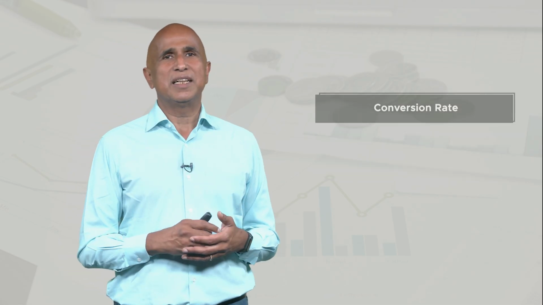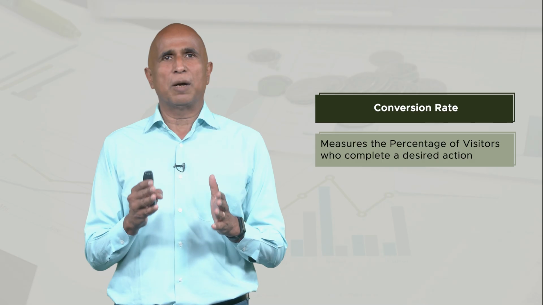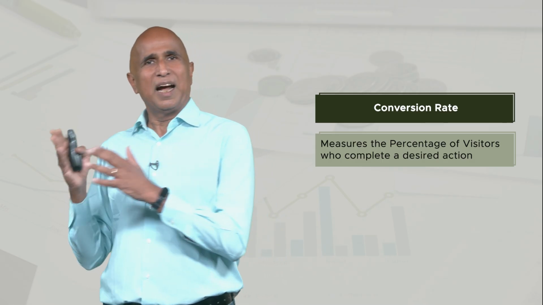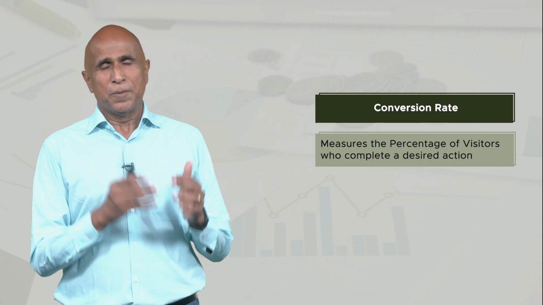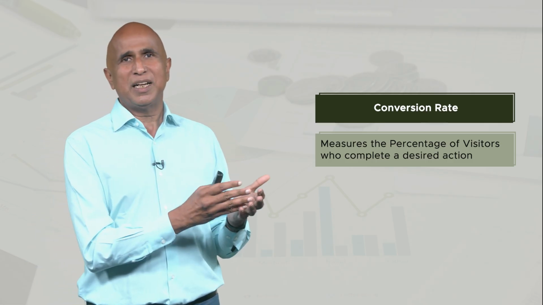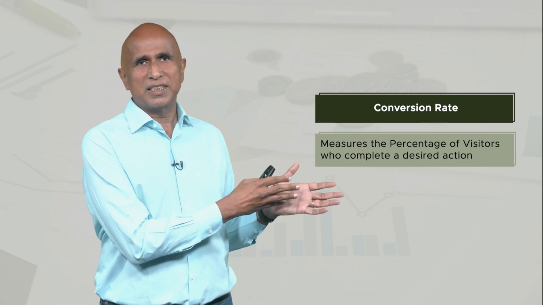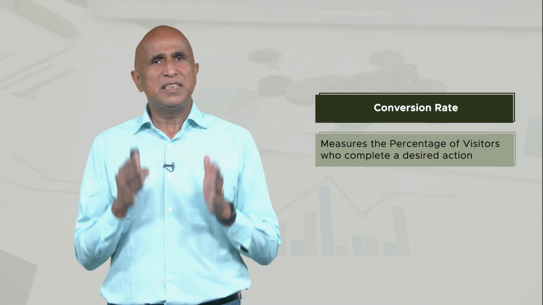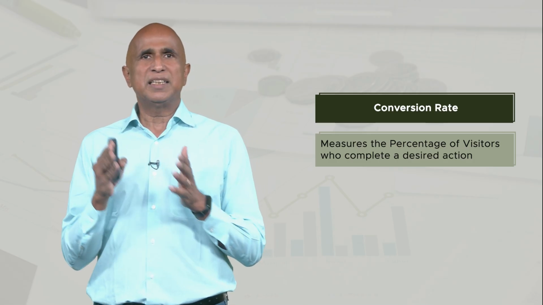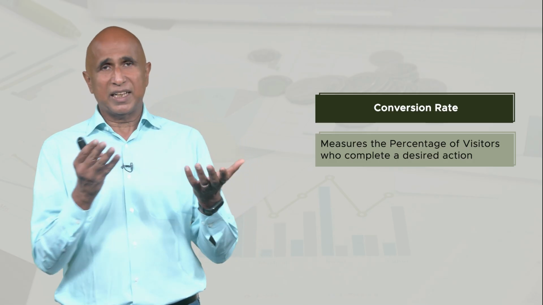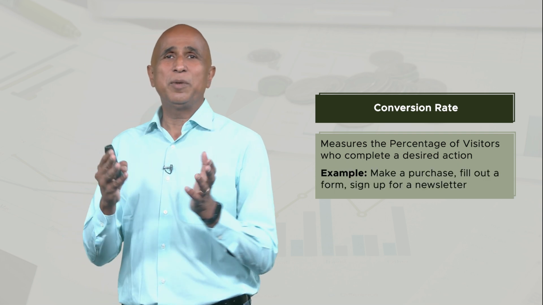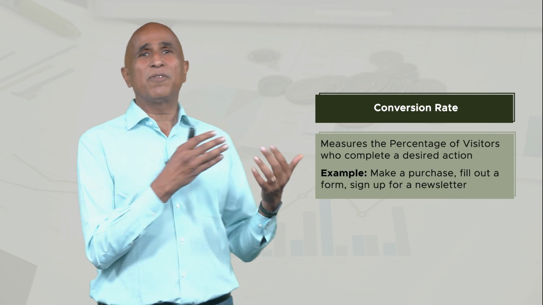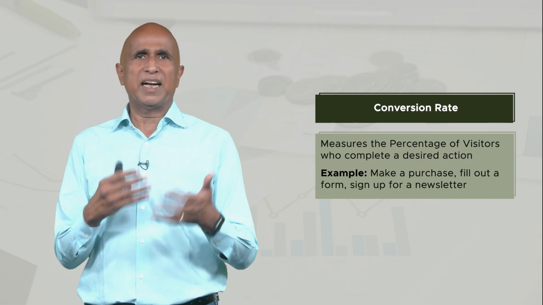Next is conversion rate, the percentage of visitors who complete a desired action after having visited the website. After visiting the website, if the person leaves quickly, that shows bounce rate is high. But if he stays, is he actually taking the desired action? The desired action in case of a Flipkart could be making a purchase. In case of a survey could be filling out a form or sign up for a newsletter. It could be any desired action.